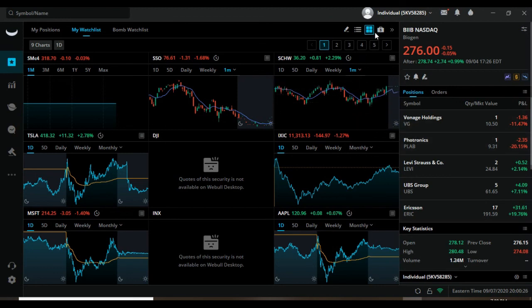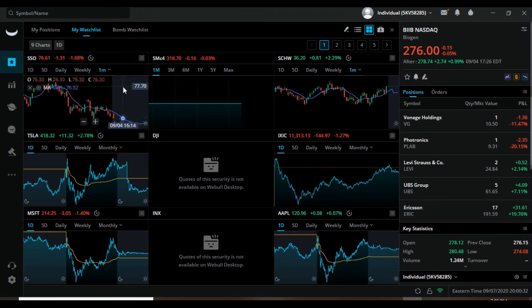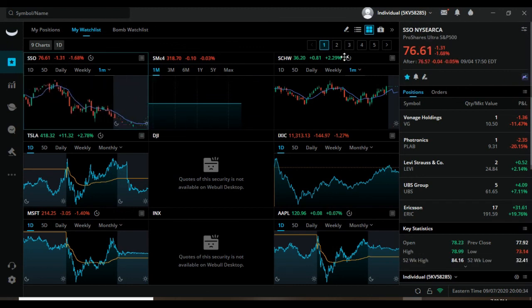One of the questions I also got is, can you snap in the widgets and the screens? One of the guys said he had a hard time with things being moved around, and you do not have the ability to snap those in, which some of the other platforms do provide. But I have found, just playing with this and using this over the years, that I haven't really had a problem with moving the screens off.